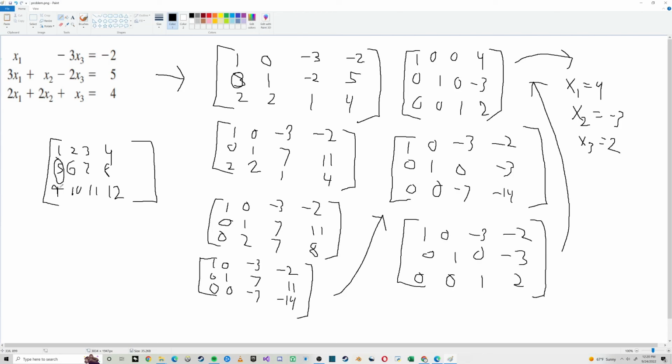First we make a 0 here, then we make a 0 here, then we make a 0 here, and then we can go back to our equations and solve from there. For Gauss Jordan, we do that same 0 there, 0 there, 0 there, and then we want to make a 0 right here, and then right here, in that order. That's just the easiest way to go about it, making sure that each thing is easily solvable. So, alright, thank you.